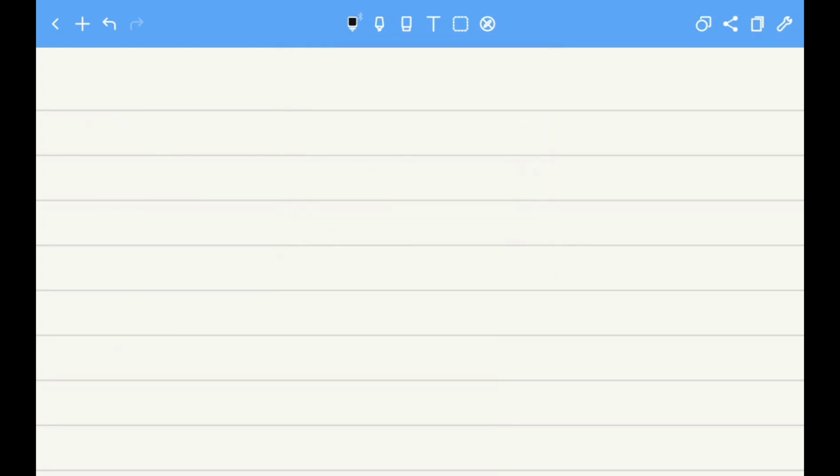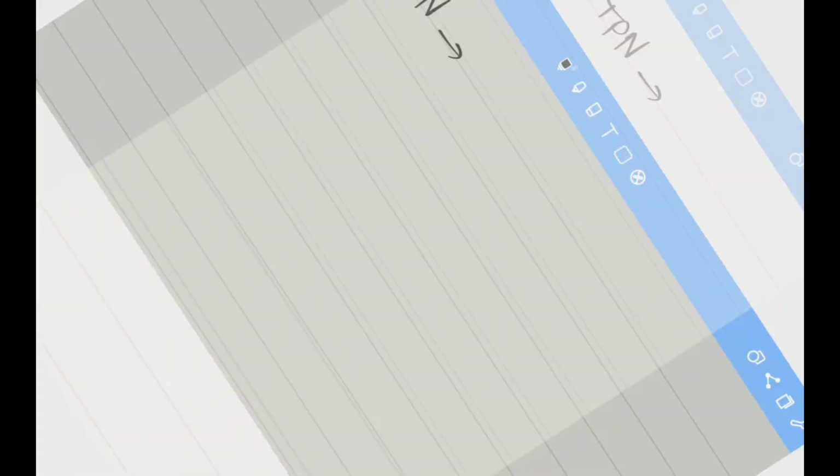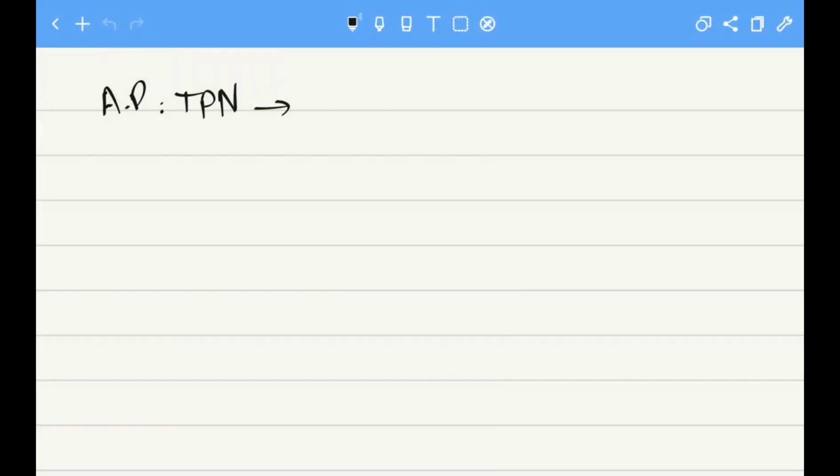Okay, can you tell me what is the management of acute pancreatitis? As we mentioned before, TPN, or the trend nowadays, which is the nasojejunal tube. Number two, pain management.